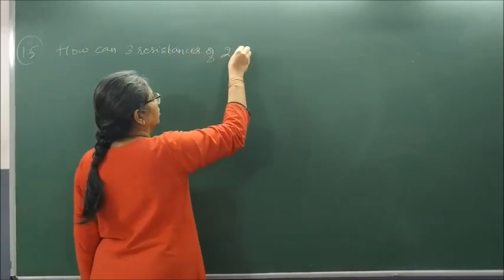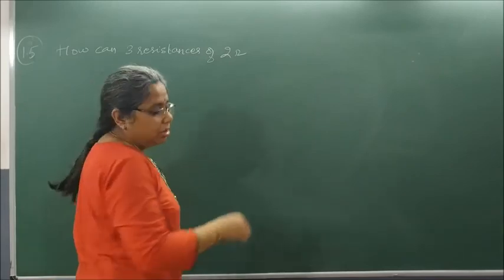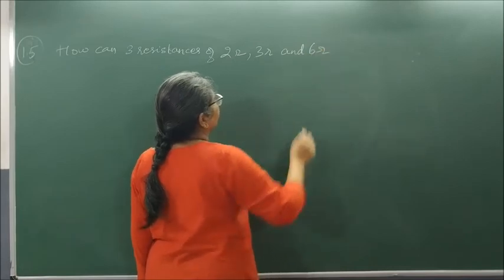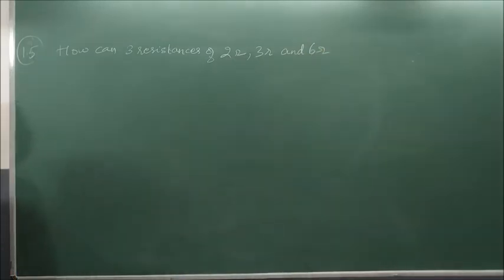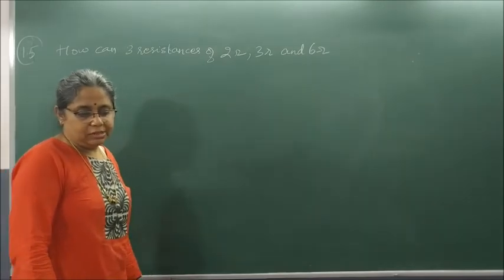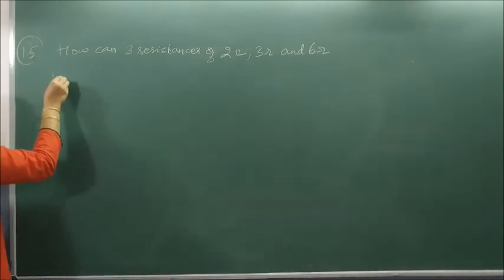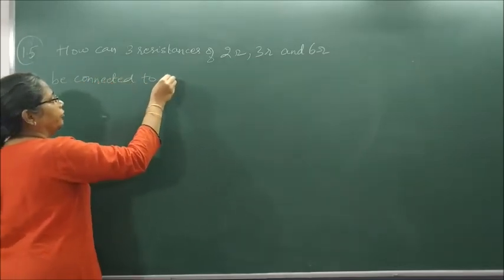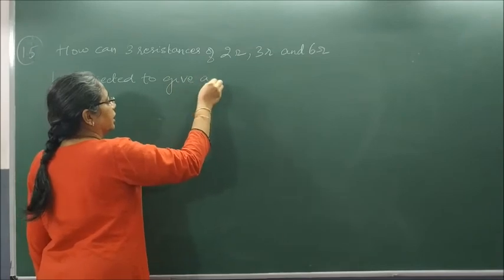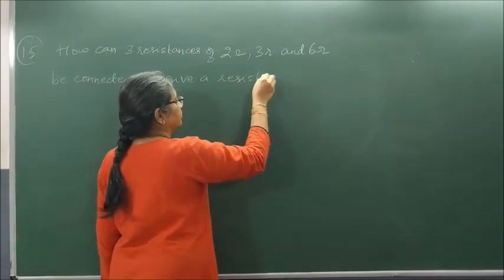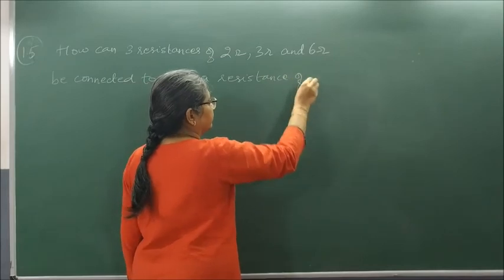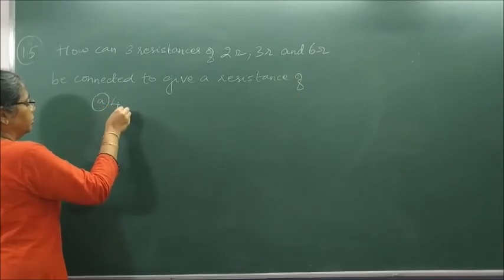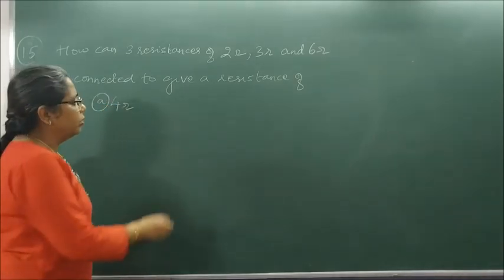How can three resistances of 2 ohms, 3 ohms and 6 ohms be connected to give a resistance of A, 4 ohms and B, 1 ohm.